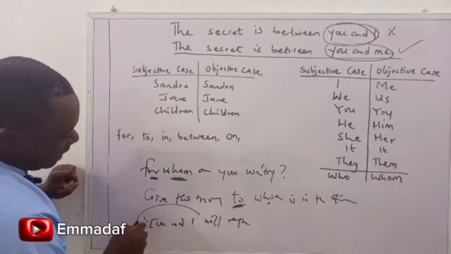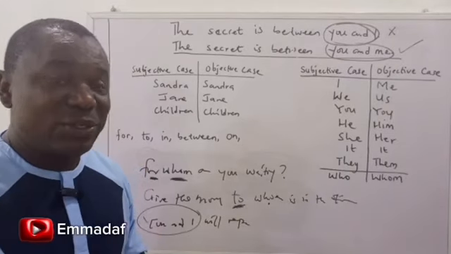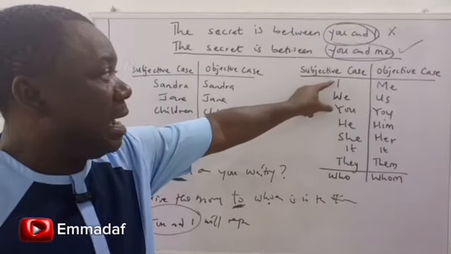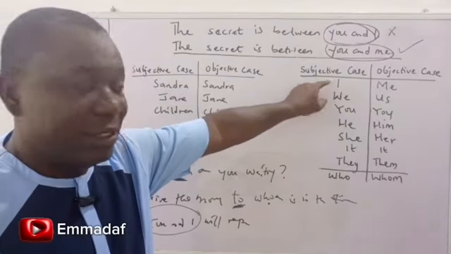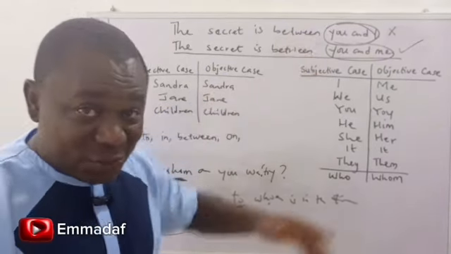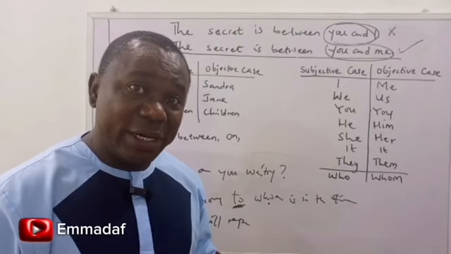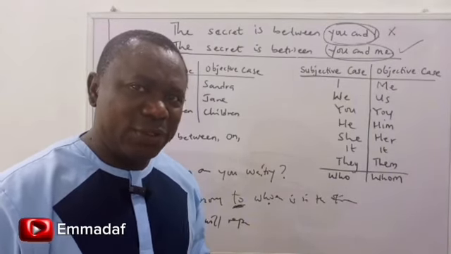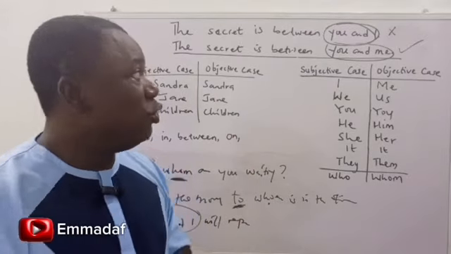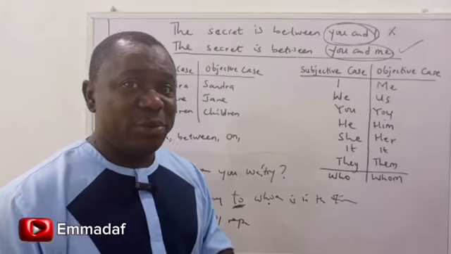You and I is the subject of the sentence. So what we are actually using is you and I, because they are functioning as the subject of the sentence. But in this case, the secret is between you and me is the correct expression.